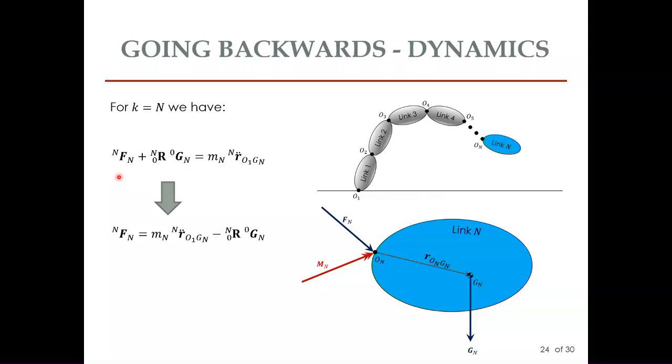Fn is the force applied by link n-1 on link n.